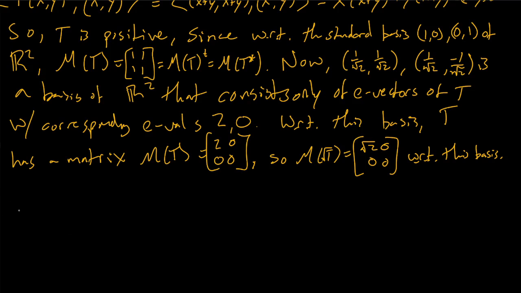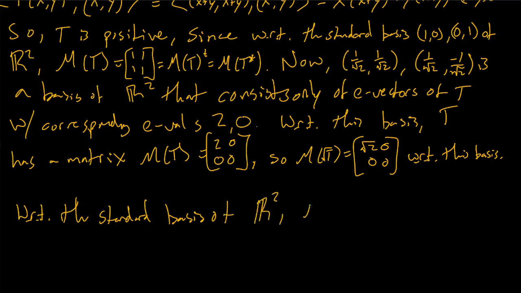All right. Now, with respect to the standard basis, you could compute the matrix of T and the matrix of the square root of T and so on. Nothing too hard. Okay, but let's just do it. With respect to the standard basis of R2, the matrix of the square root of T is just equal to 1 over square root 2, 1 over square root 2, 1 over square root 2, and I believe 1 over square root 2.